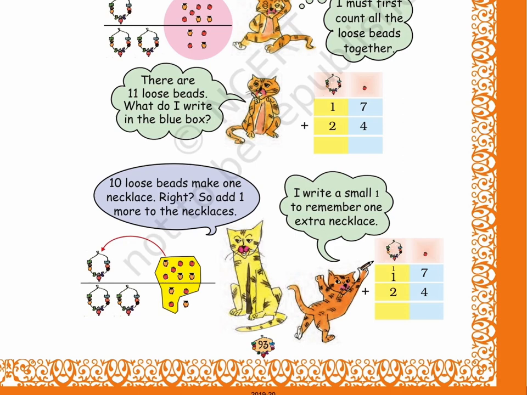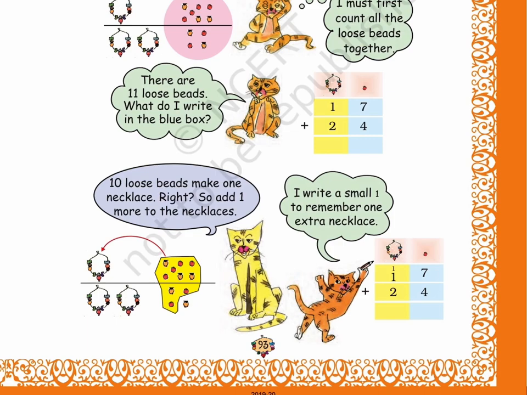Right. So add 1 more to the necklaces. Cat 1 is holding a pencil and is responding, I write a small 1 to remember 1 extra necklace. She wrote small 1 just below the picture of the necklace in the yellow column of the table.